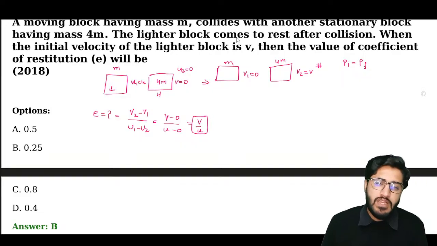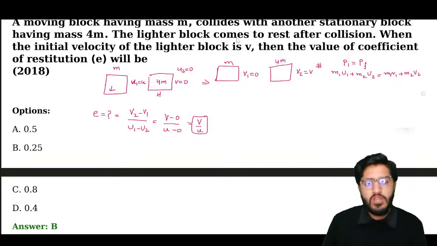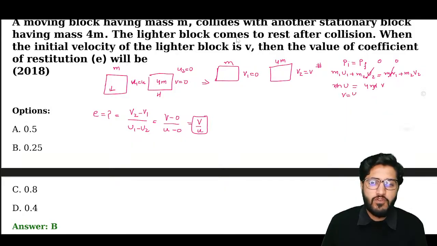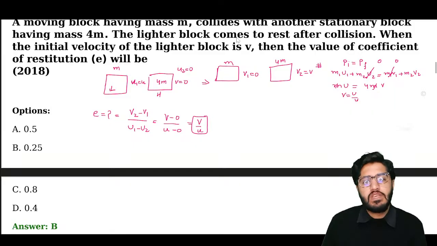The initial momentum is m1 u1 plus m2 u2, and the final is m1 v1 plus m2 v2. Look, u2 is 0, v1 is 0. m1 is m, u1 is u, equals m2 which is 4m, times v2 which is v. Cancel out, so v came out to be u by 4.